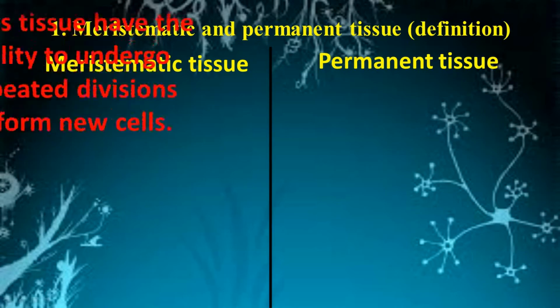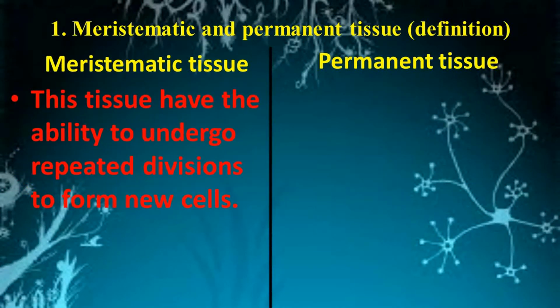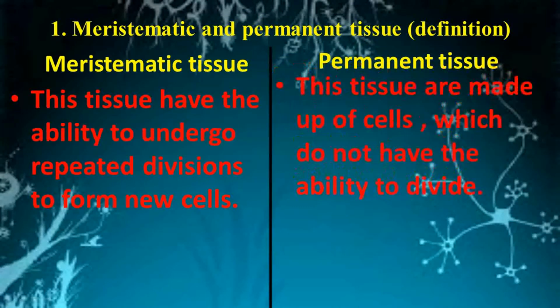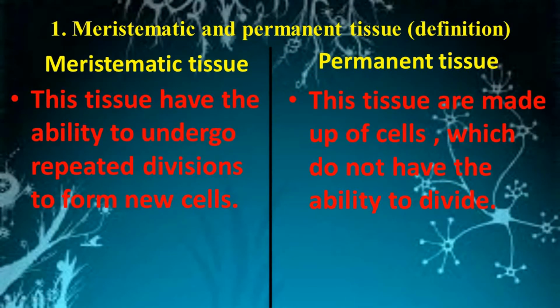Meristematic tissue: this tissue has the ability to undergo repeated divisions to form new cells. Permanent tissues: this tissue is made up of cells which do not have the ability to divide.